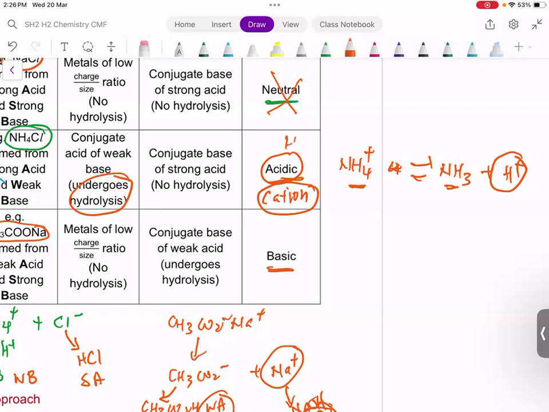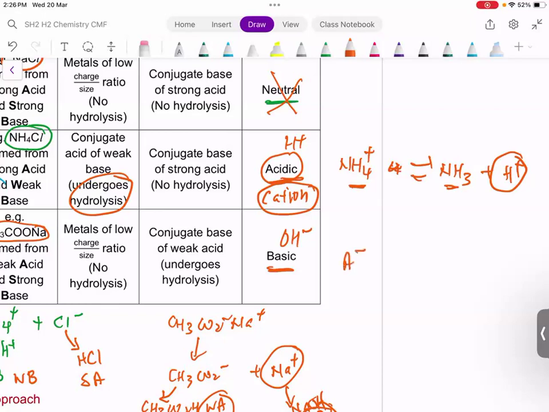To release H+, it must come from the cation. Cation is positive, H+ is positive, plus gives plus. So this cation is your ammonium cation. How does it give H+? It dissociates to give the H+. Basic means OH- is released. That's how you describe a base, right? It releases OH-. So where does this OH- come from?